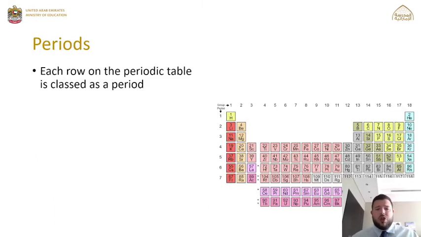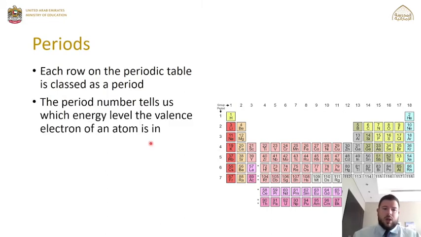Periods. If we look on our periodic table again, the period is the horizontal row. So here is period 1, which only contains hydrogen and helium. If I move down to period 2, we have lithium, beryllium, boron, carbon, and so on. Period 3 across there, period 4, 5, 6 and 7. The period number tells us which principal energy level the valence electrons are in. If I'm in period 1, the valence electrons are in energy level 1.